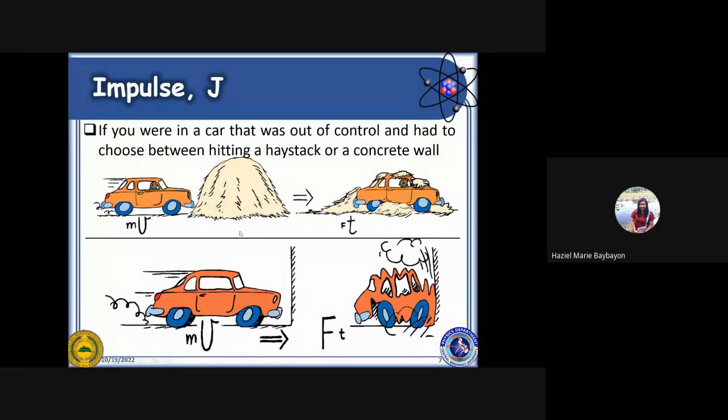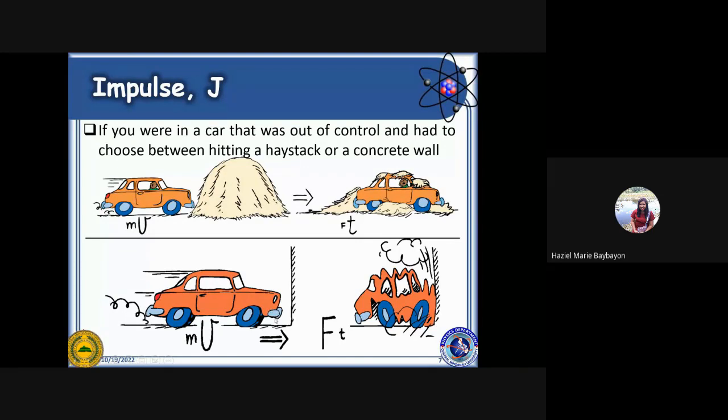Okay. Now, what matters, what changes, is the amount of time. So with a haystack, the time of contact increases, thereby decreasing the force. So your force will be small.